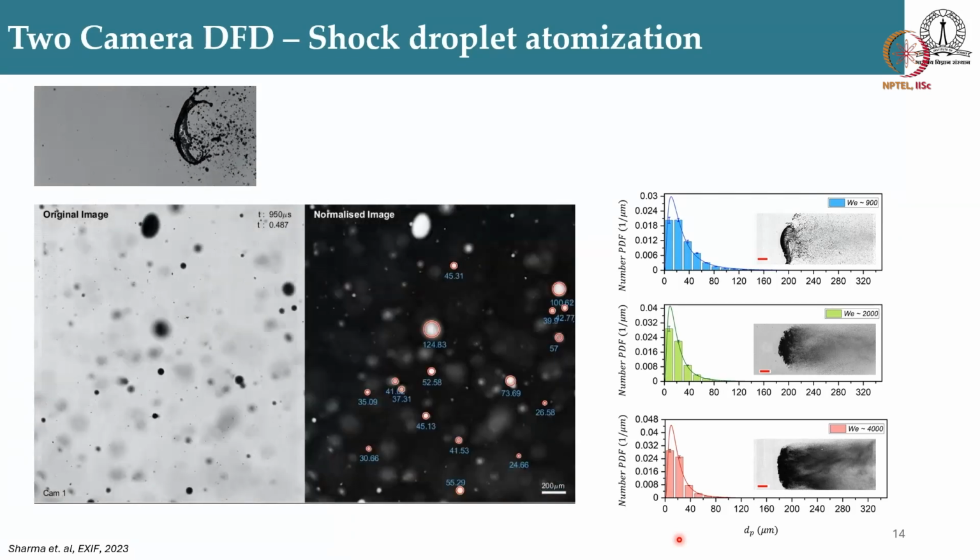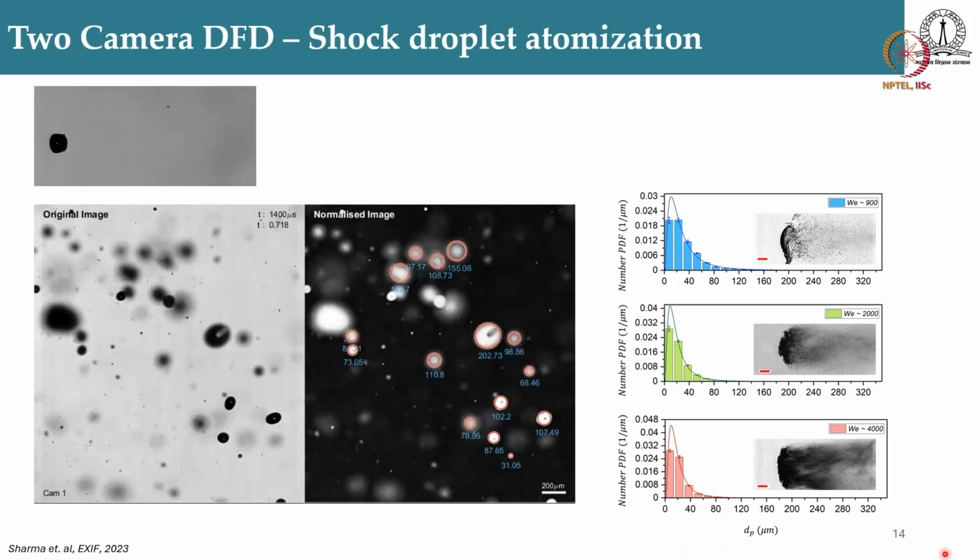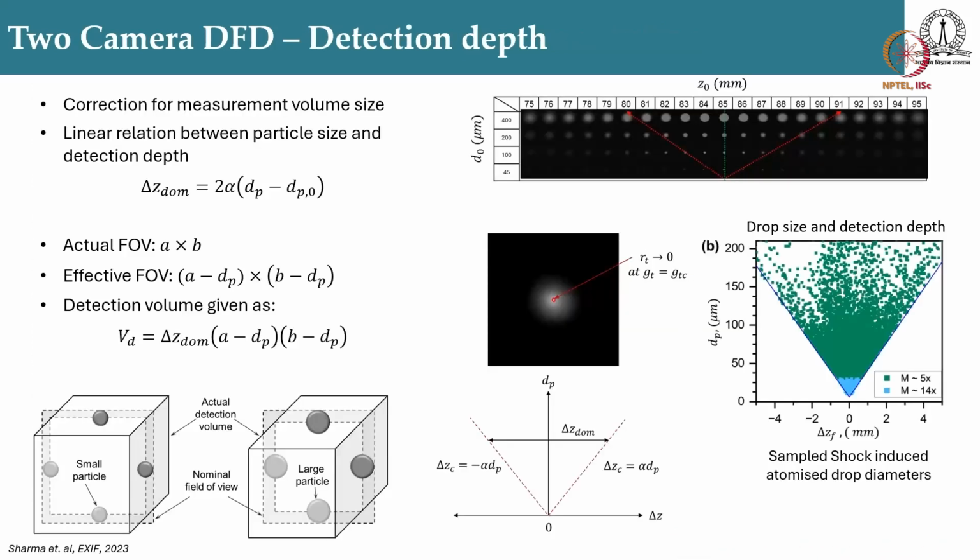Here a volumetric measurement is being done. So that is an advantage that we have. And this advantage of volumetric measurement we can quantitatively estimate as well, which is even more important.